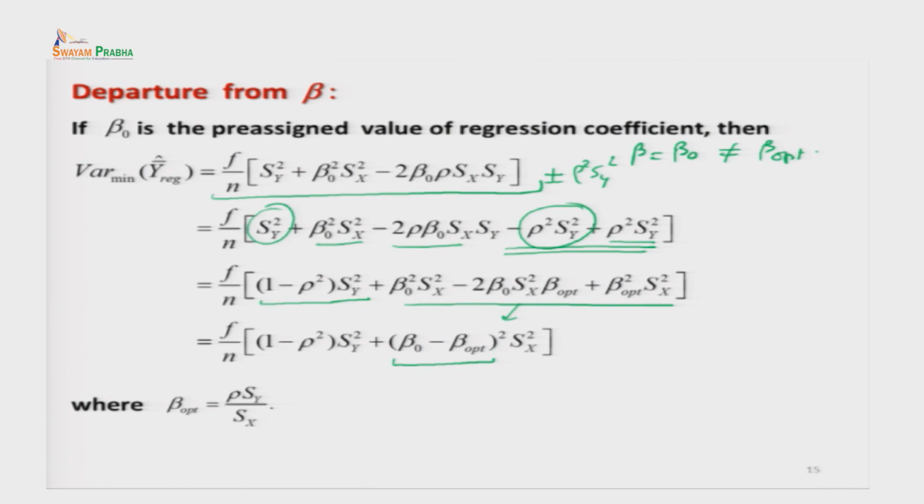Now, you can see that if you are somehow able to get the most accurate value of beta 0, which is the same as beta optimum, then this term is going to be 0.